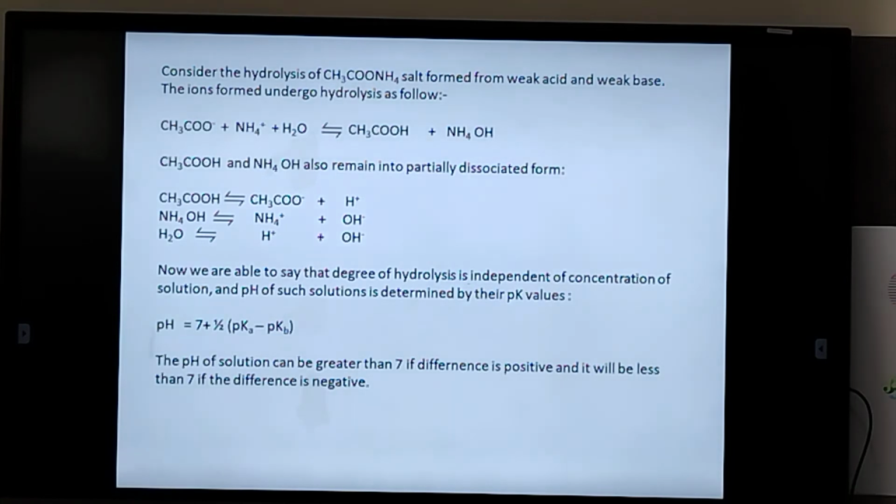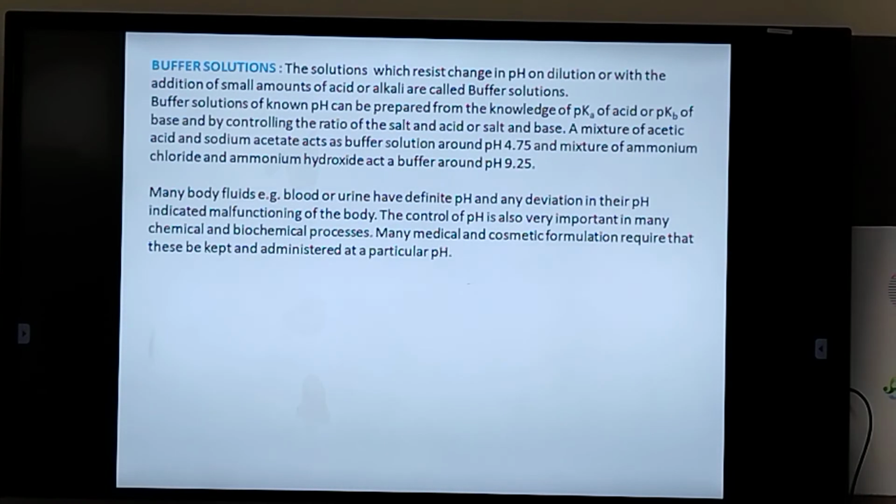Now we are able to say the degree of hydrolysis is independent of the concentration of the solution, and the pH of such a solution is determined by pK values. pH is equal to 7 plus half of pKa minus pKb. The pH of the solution can be greater than 7 if the difference is positive, and it will be less than 7 if the difference is negative.